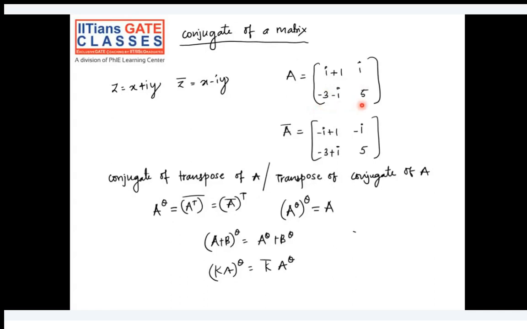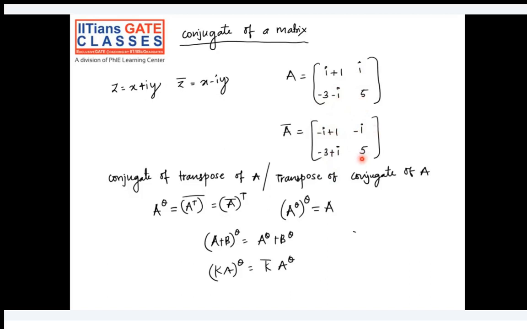If I take the conjugate of this matrix, it means each and every complex number existing in this matrix has to be conjugated. So i plus 1, you can also write as 1 plus i, which should be written as 1 minus i. Like this, i will change to minus i. Minus 3 minus i will change to minus 3 plus i. 5 will remain as it is because 5 is a real number.